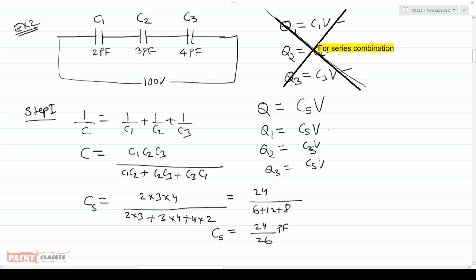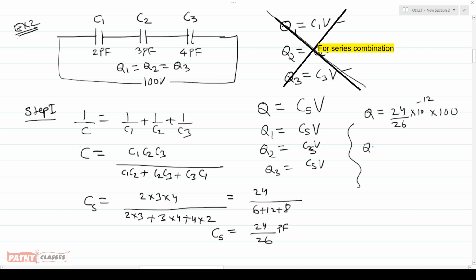So to find the charge on every capacitor, there is only one formula: the equivalent capacitance of the series combination multiplied by the applied potential. Therefore, keep one thing in your mind: in series combination, the charge on the first capacitor equals the charge on the second capacitor equals the charge on the third capacitor. So we find Q equals CS, that is 24 upon 26 picofarad, that is 10 raised to minus 12, into the applied voltage.